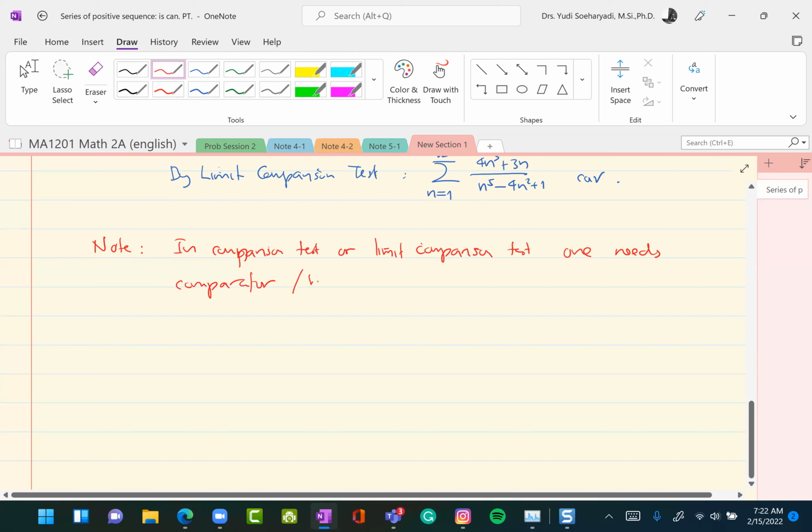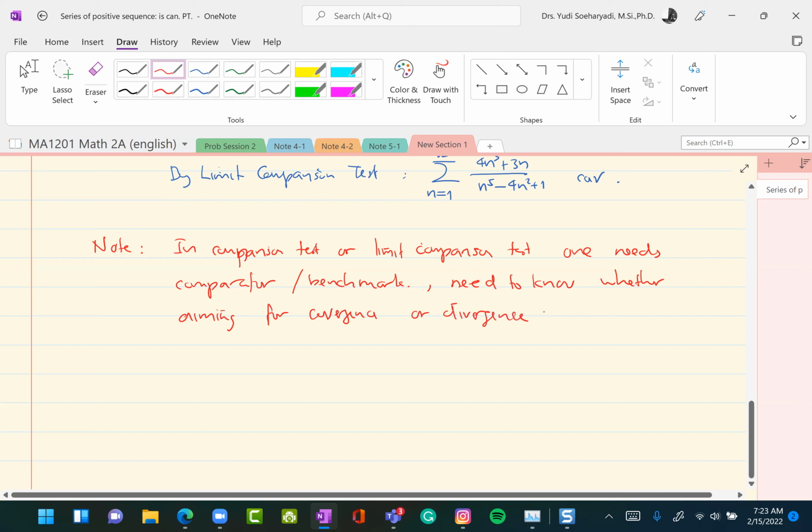So, benchmark. In choosing a benchmark, you should know before checking the convergence whether you're aiming at convergence or divergence.